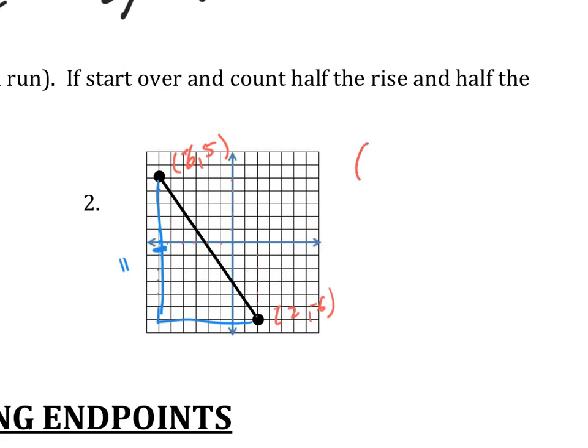So I'm going to plug this into my formula real quick to get a nice midpoint. So we're going to have -6 plus 2 divided by 2, 5 plus -6 divided by 2. So our midpoint here would be -2 and -1/2.